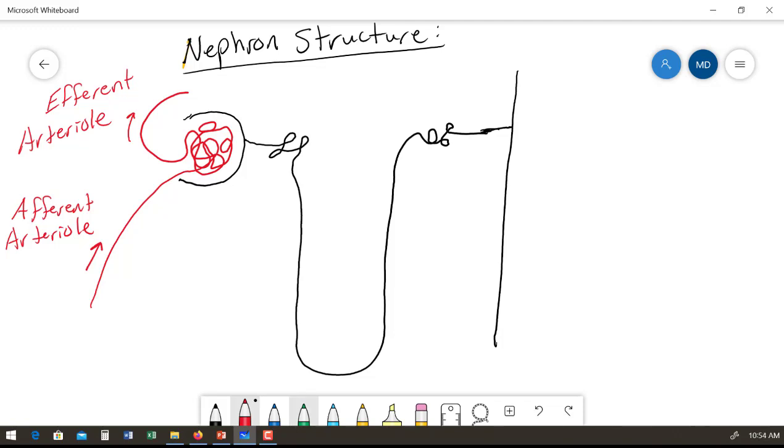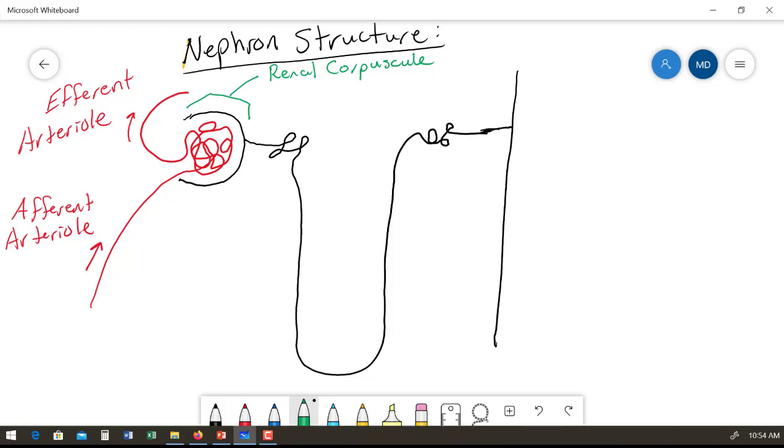All right, now this whole unit here has several names, okay? So first of all, the entire thing here, both the black outer coating as well as the inner part, is called the renal corpuscle.